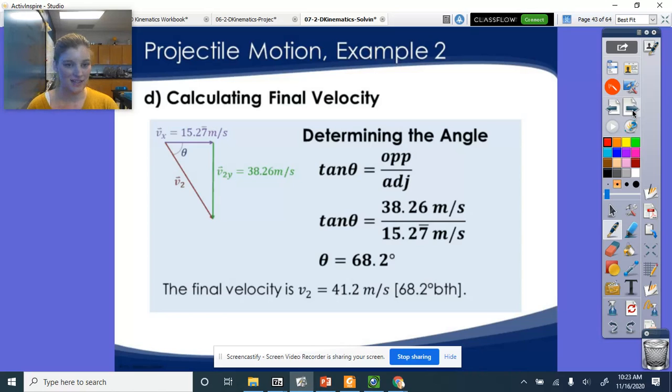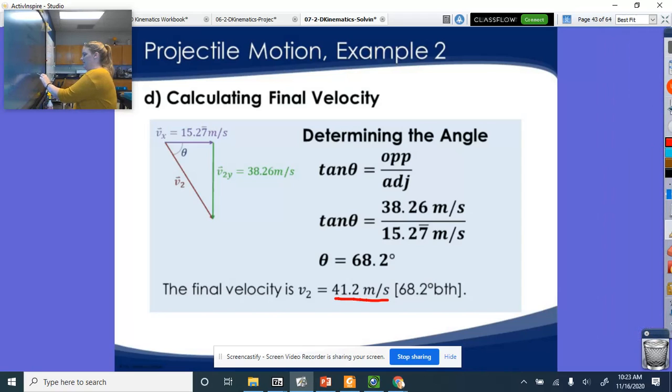So my final velocity is 41.2 that we just calculated, and then I put the 68.2 degrees there. BTH is below the horizon. Technically, this is like ground level, and so we're heading at an angle below that horizon level.